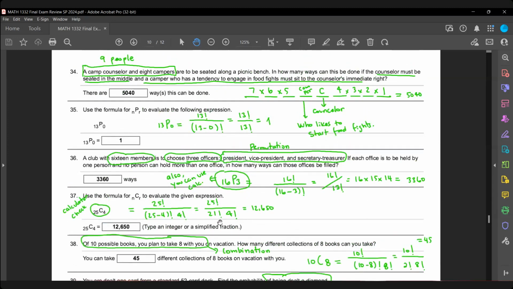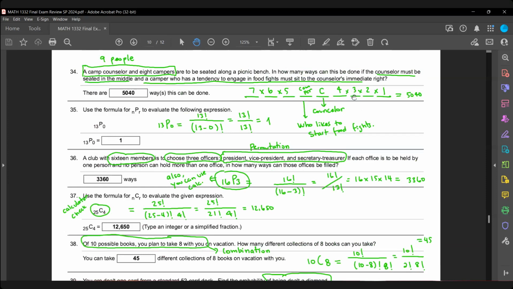Number 34 says that there is a camp counselor and 8 campers. That's a total of 9 people. They are to sit at a bench. In how many ways can this be done if the counselor must be seated in the middle and the camper that has a tendency to engage in food fights must sit to the counselor's immediate right or left?